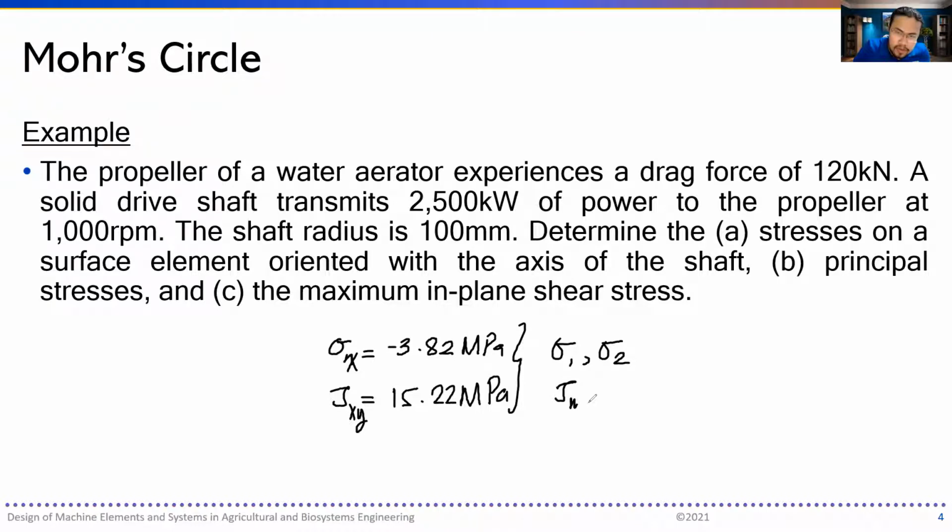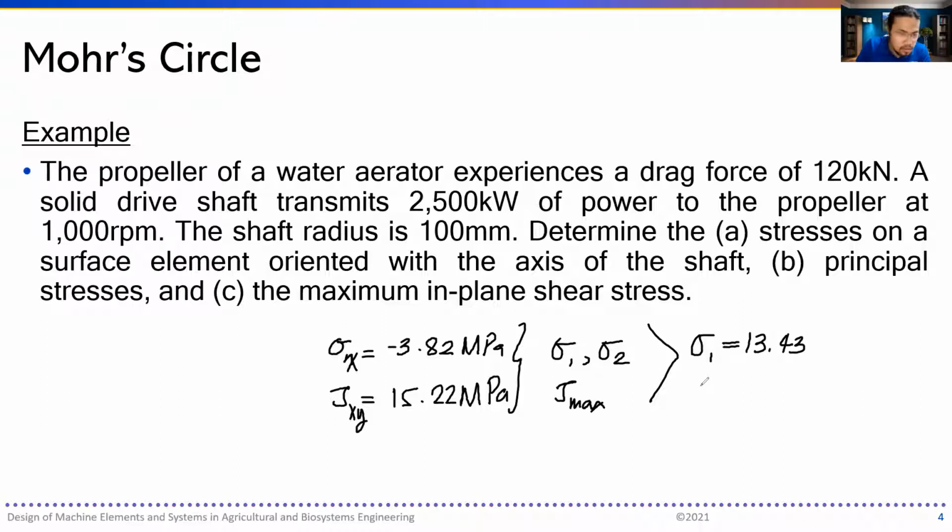So we are trying to find the maximum in plane shear stress and the principal stresses. These have been already determined, and we'll be able to verify these values using the Mohr circle. Our sigma 1 is 13.43.